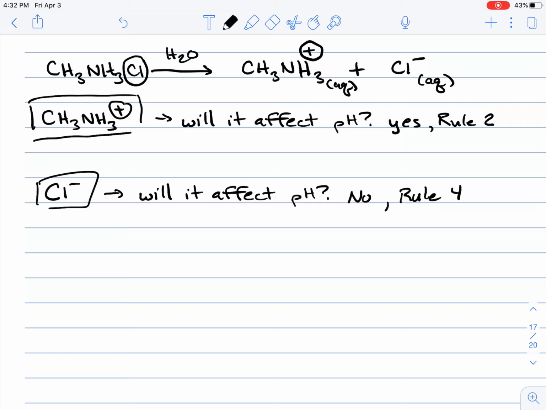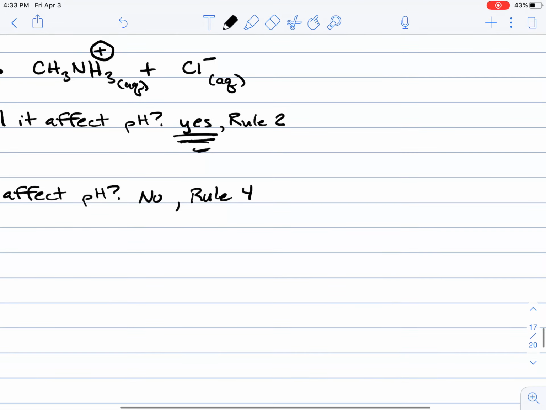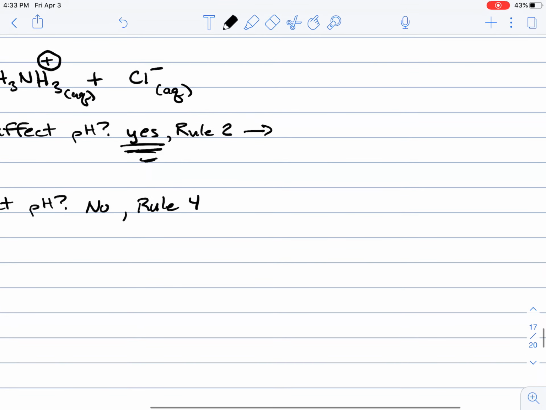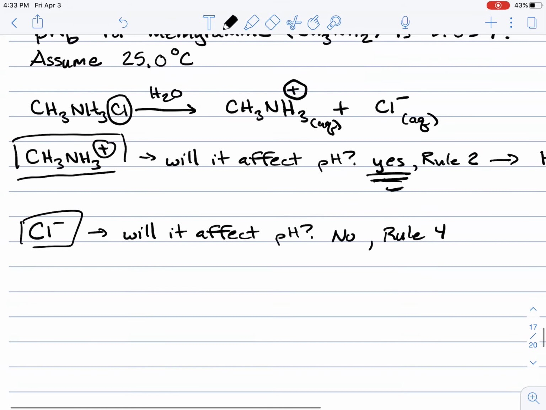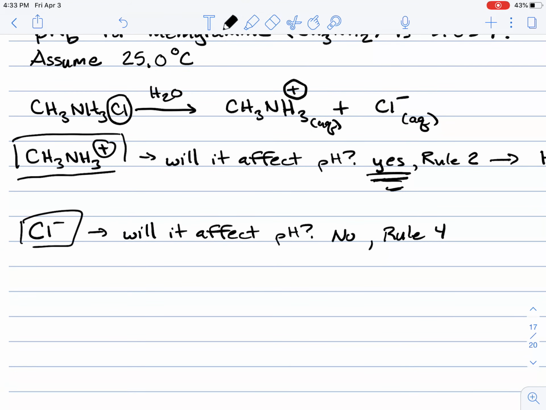Since we have one yes, we need to be able to predict how methyl ammonium is going to affect the pH of the solution. If you look at the chemical equation, there are only 3 substances inside the solution: methyl ammonium, chloride, and water.